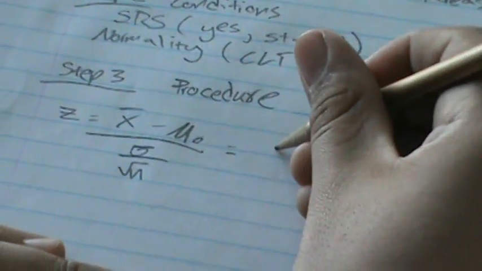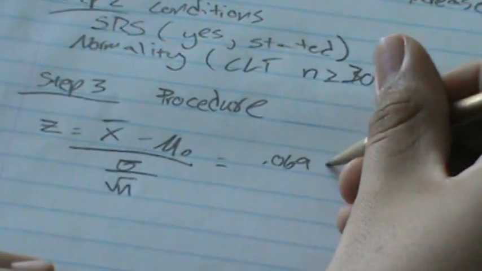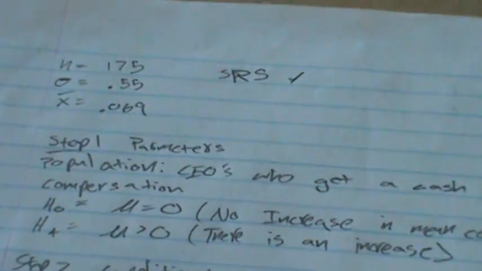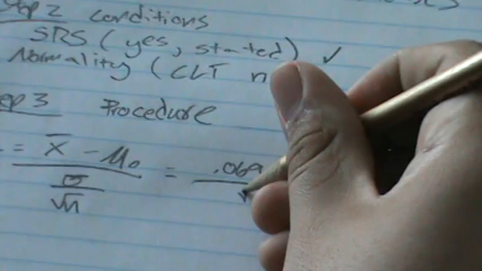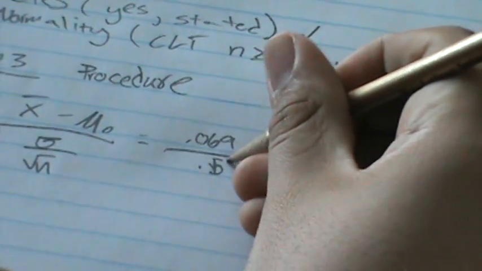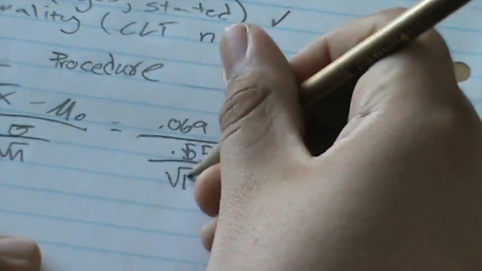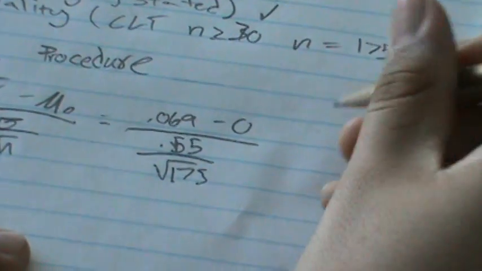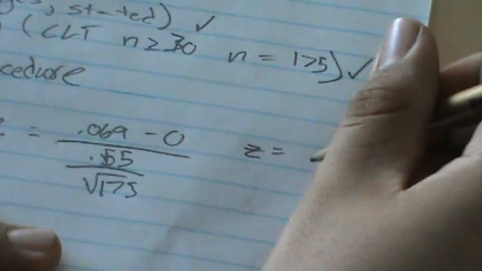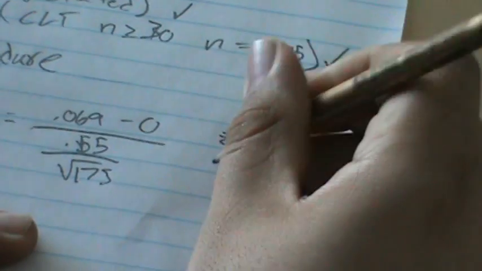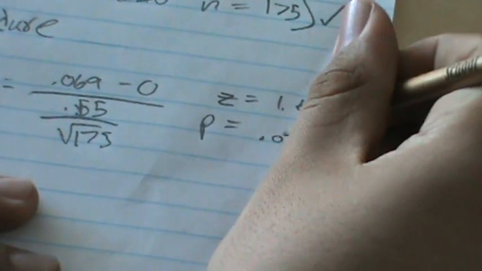All right, our x bar is 0.069 minus 0 over the 0.55 over the square root of 175. Our z turns out to be 1.65, and our p turns out to be 0.048.